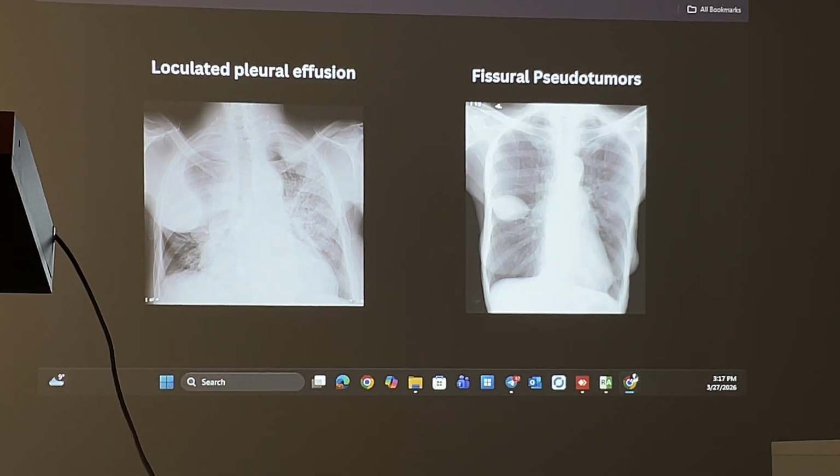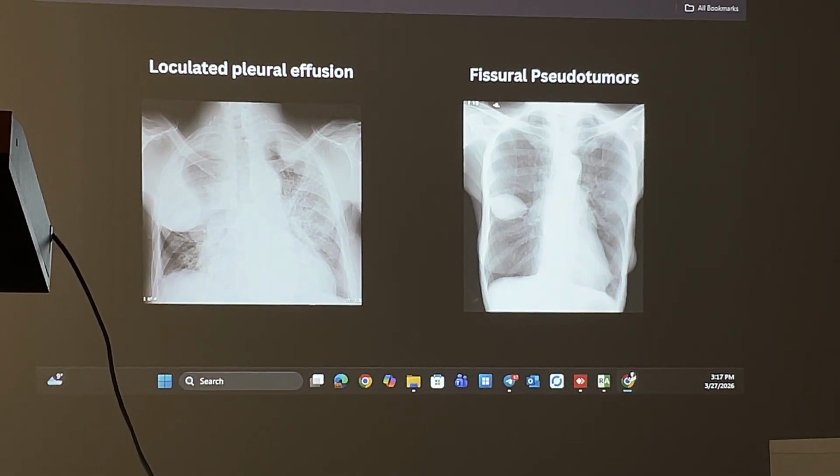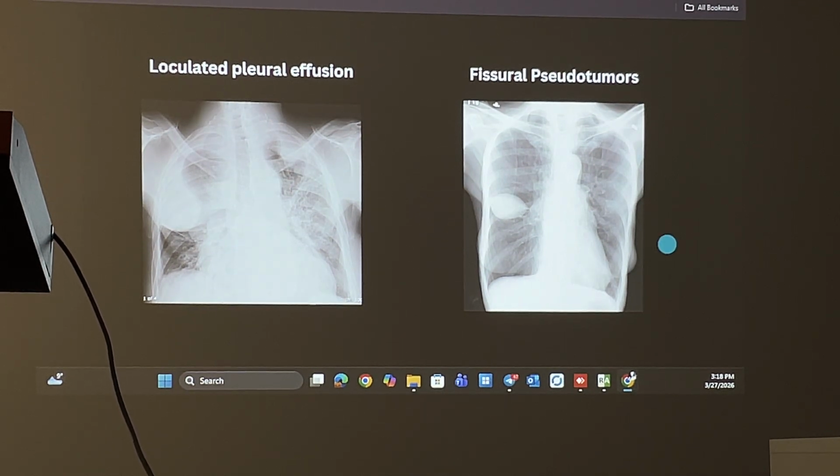They almost always occur in patients with congestive heart failure.